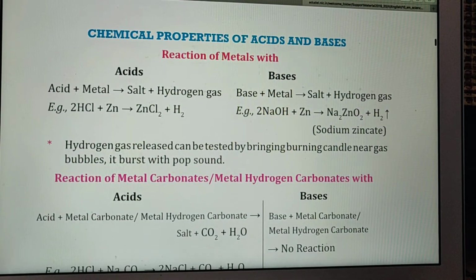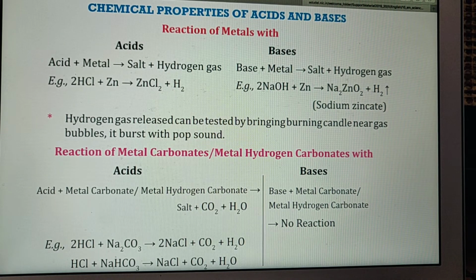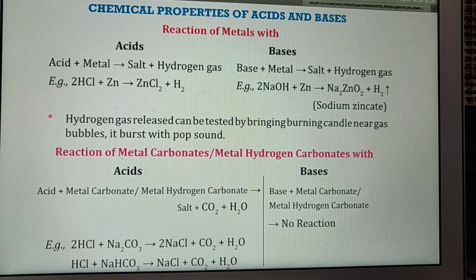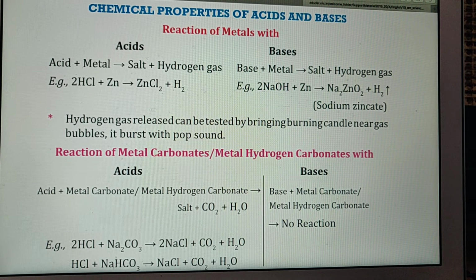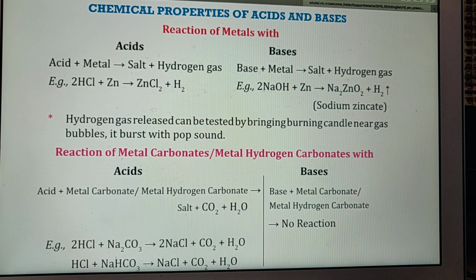Now further, chemical properties of acids and bases. Reaction of metals with acids. Acid plus metal gives salt and hydrogen gas. Similarly, base plus metal gives salt and hydrogen gas. Example: 2HCl, hydrochloric acid, plus zinc gives zinc chloride and hydrogen gas.